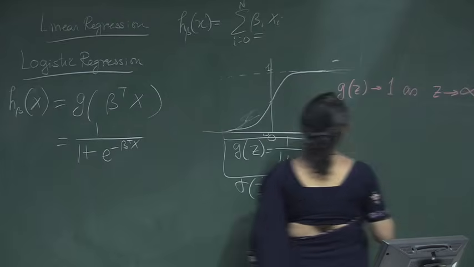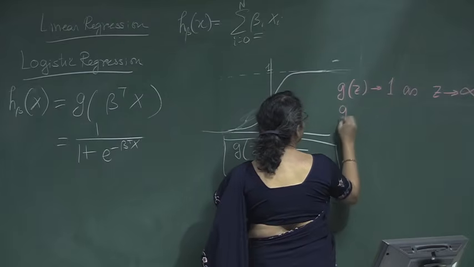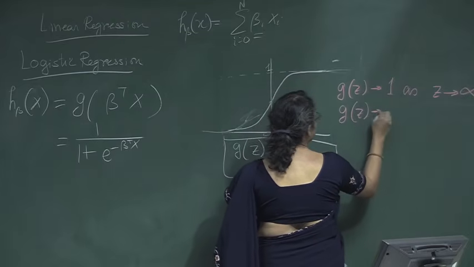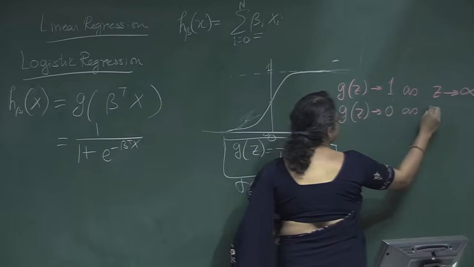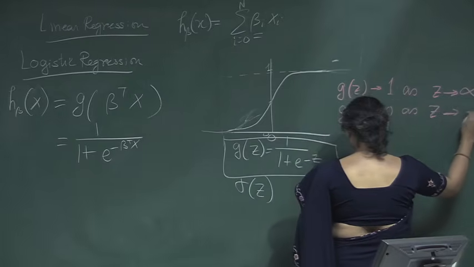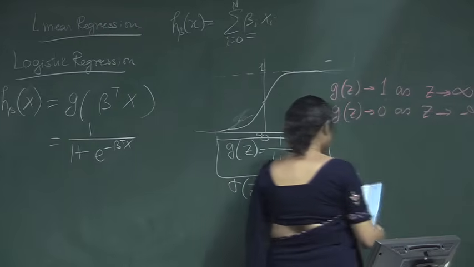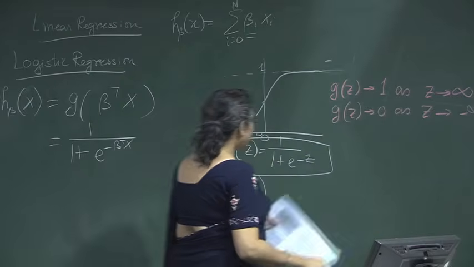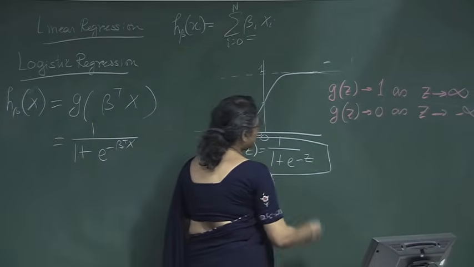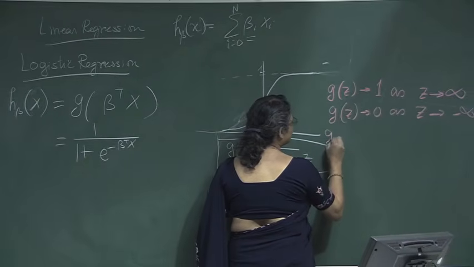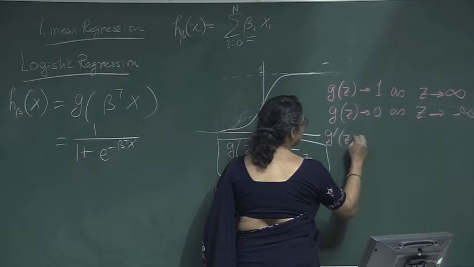So, as z tends to infinity, g(z) tends to 1, and g(z) tends to 0 as z tends to minus infinity. Then a very attractive feature of this function is what happens if you take the derivative of this function.